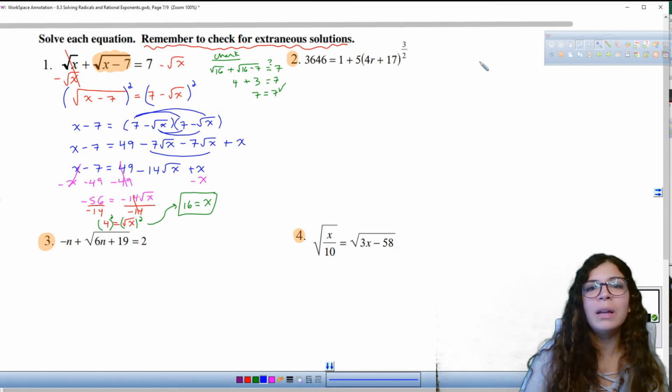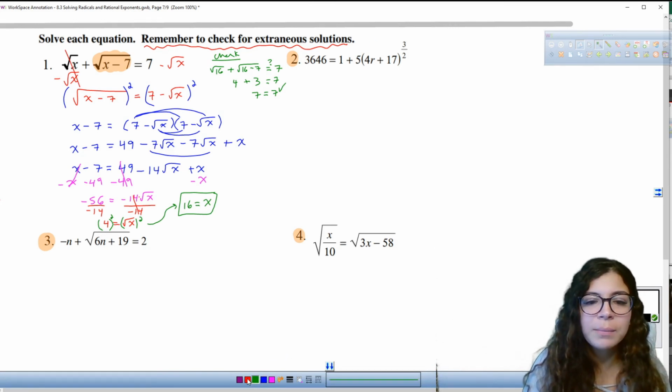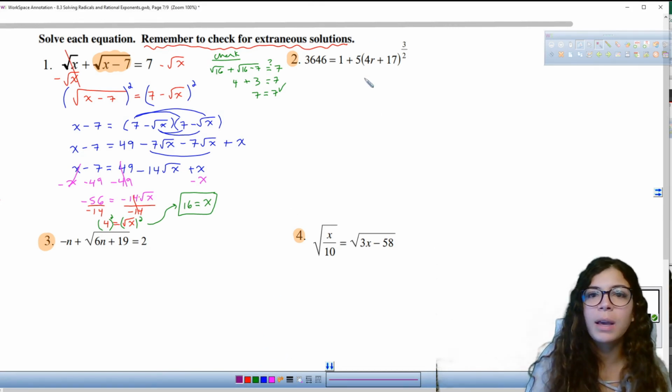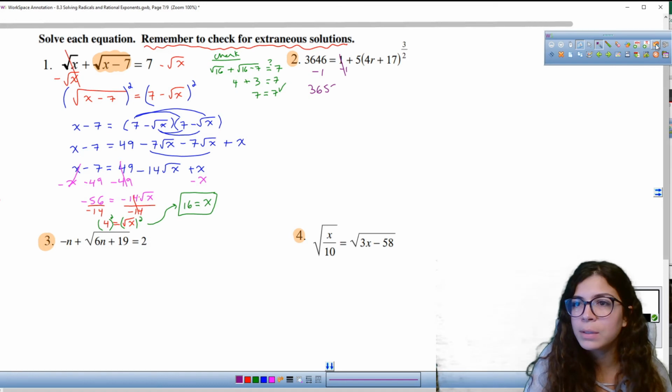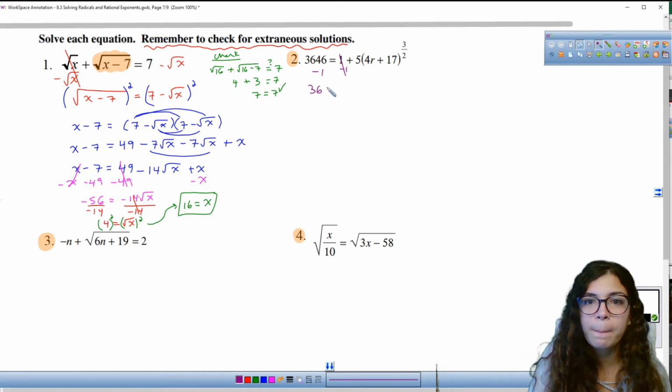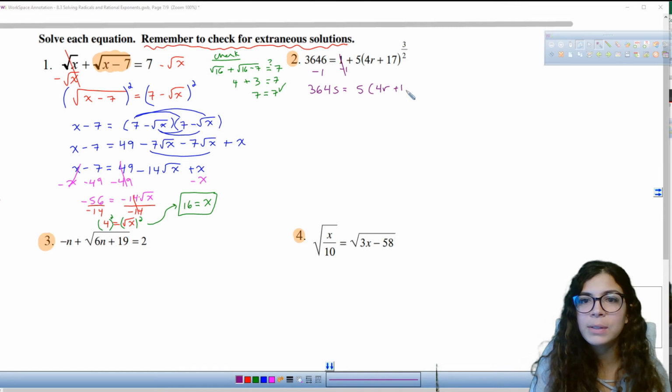Okay, let's run through these pretty quickly since we've done a lot of examples together already. Subtract 1 on both sides, so we have 3645. And on the right-hand side, we have 5 times 4r plus 17 to the power of 3 over 2.